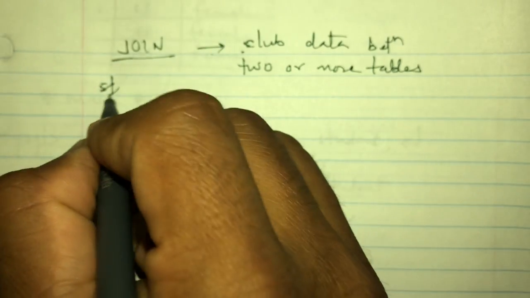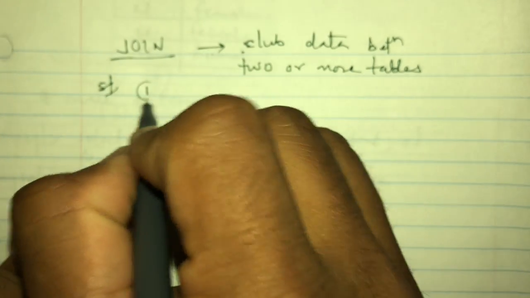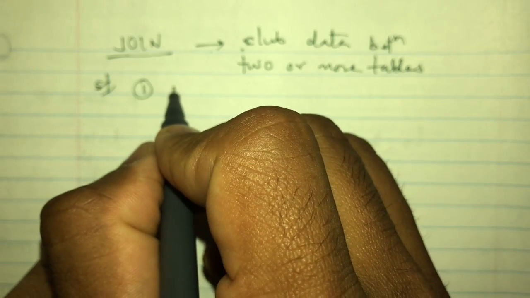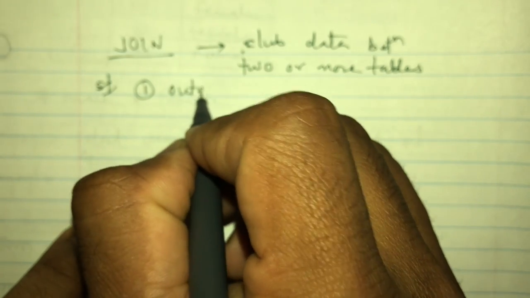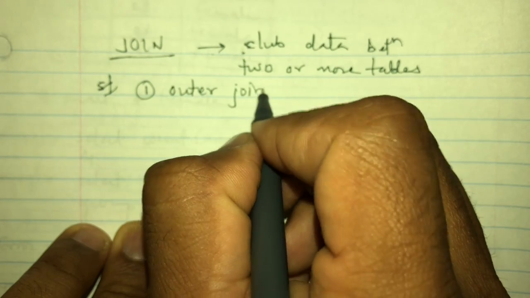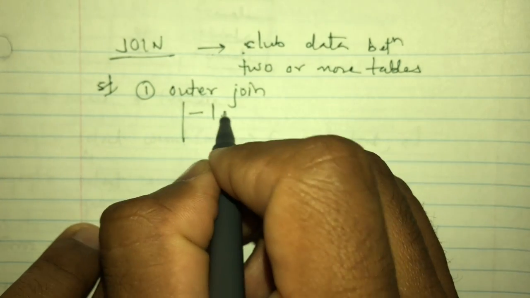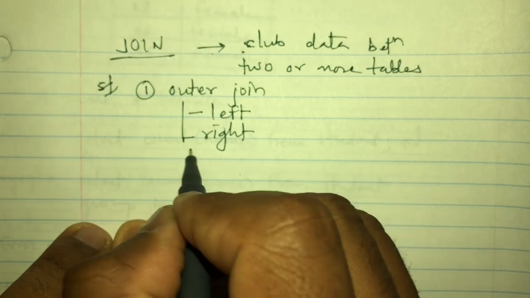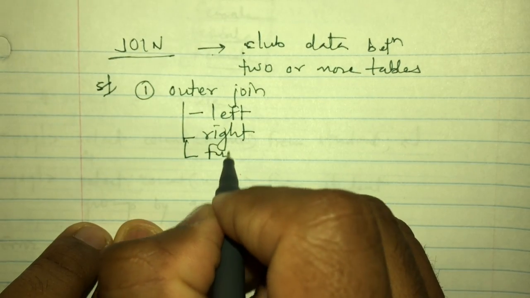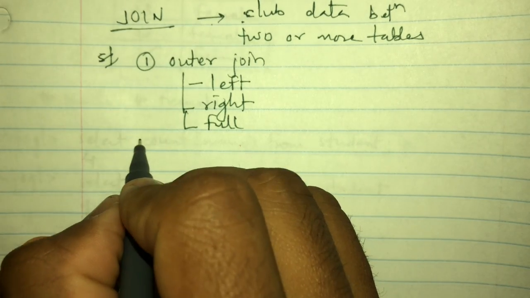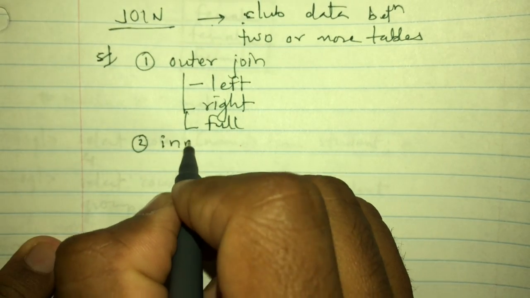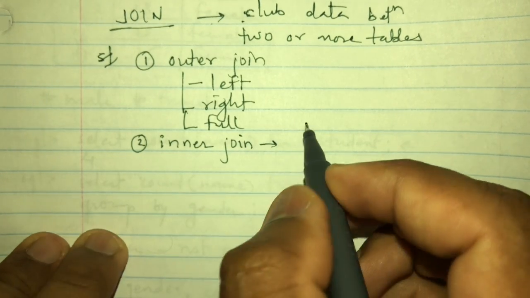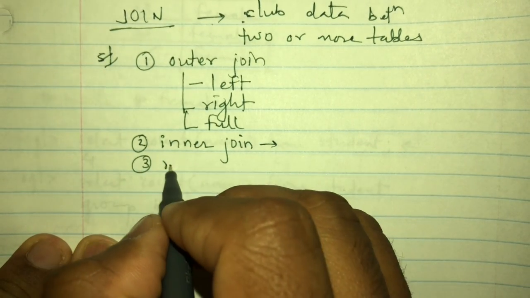Now if you want some theoretical knowledge, we have many types of joins, out of which if you talk about outer join, then you have left outer join, you have right outer join, and you have full outer join. Then you have inner join too. And then there is self join too.